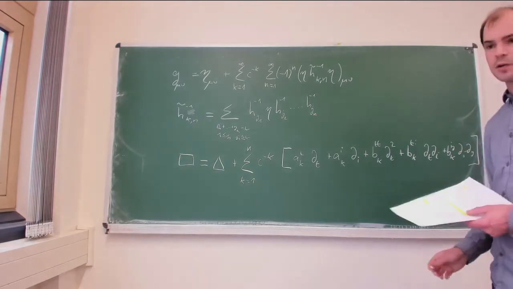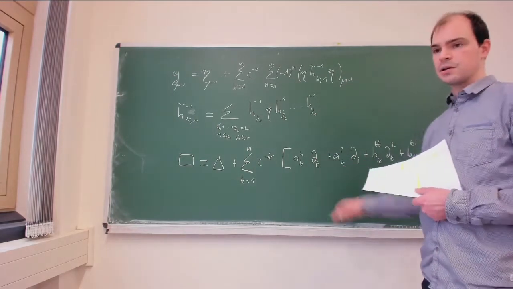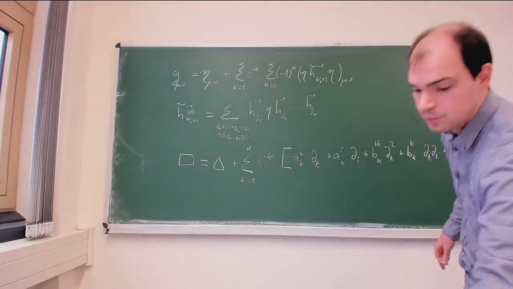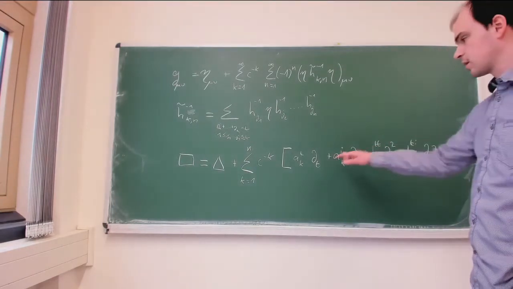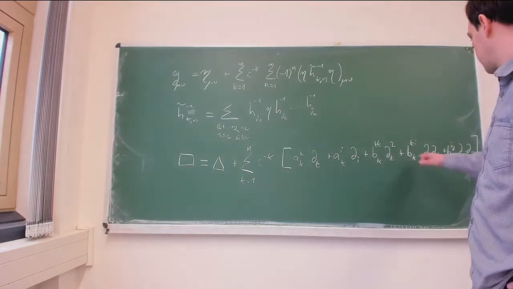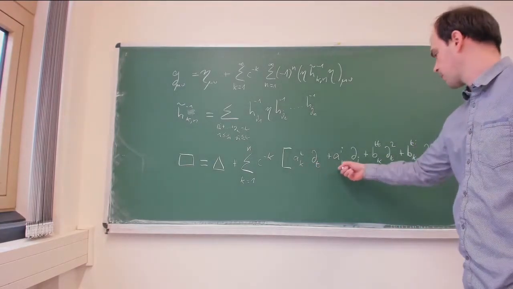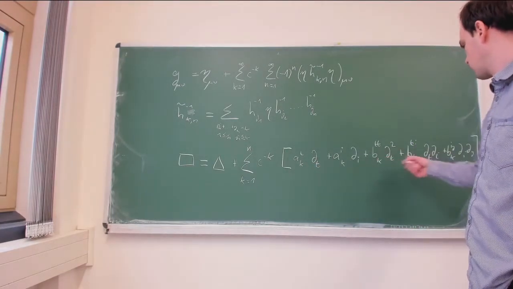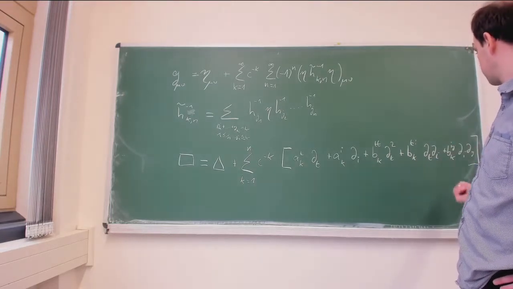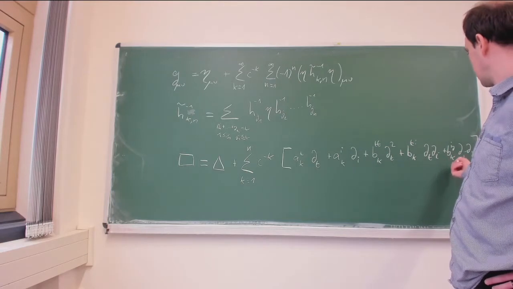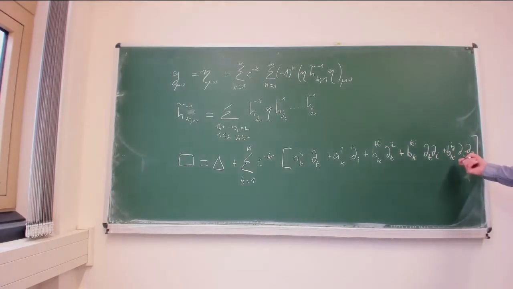So we get an expression in the end for our D'Alembertian that has first order and second order derivatives in time and space, with those 1 plus 3 plus 1 plus 3 plus 1, those are 9, but they are symmetric.